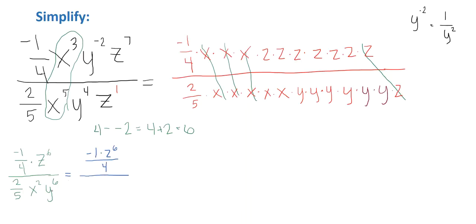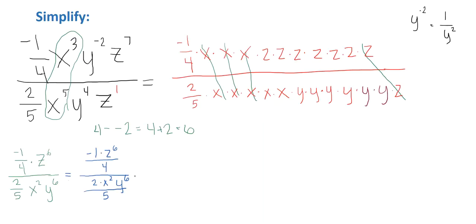And on the bottom, this would be the same as 2 times x squared times y to the 6th over 5. So now everything is in fraction form on the top, and everything on the bottom is also in fraction form. So we have one big fraction divided by another big fraction.